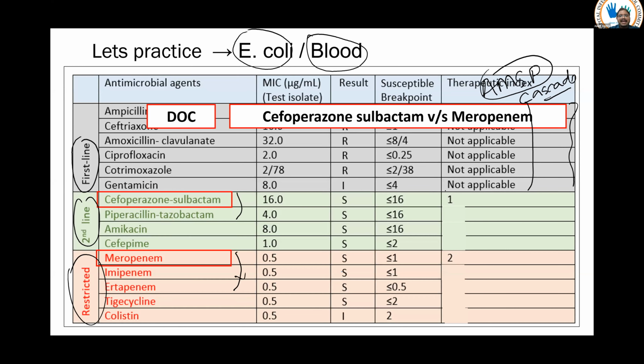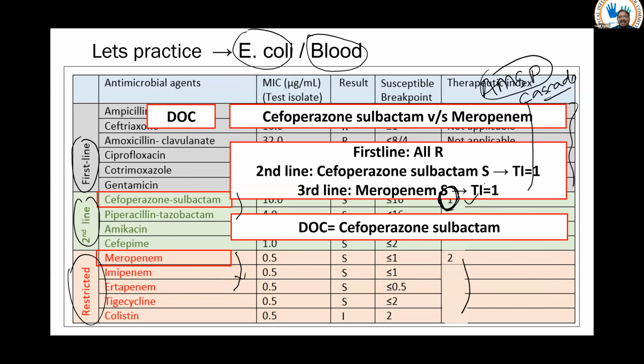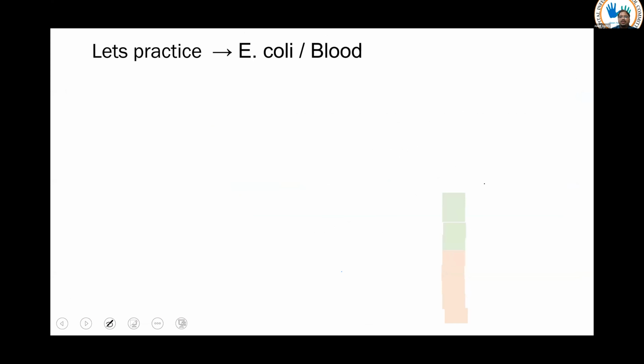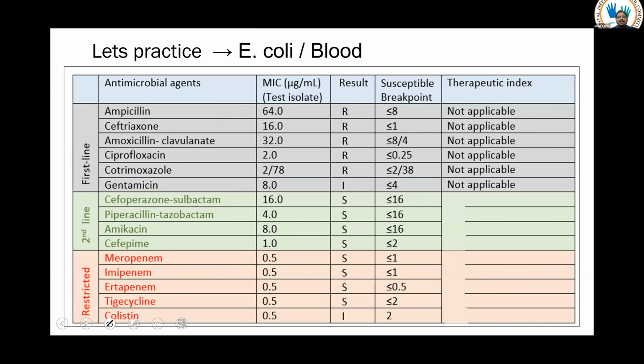But if a second line is available, even if it has a lower therapeutic index than your higher ones, you still choose the lower one. So we have first line resistant, second line TI of 1, third line TI of 2, but still we choose the second line. So the drug of choice is Magnex in this case. A second scenario we'll select.